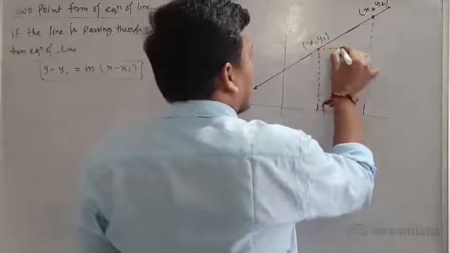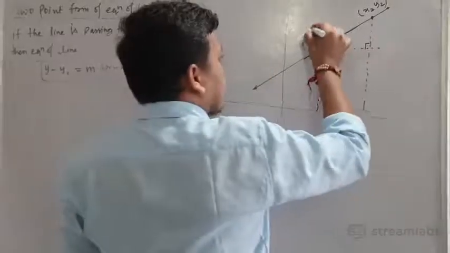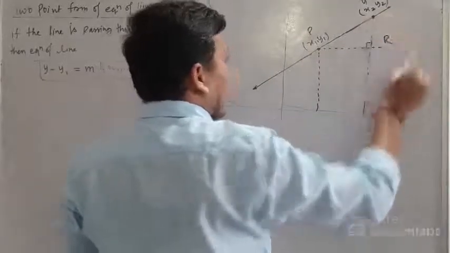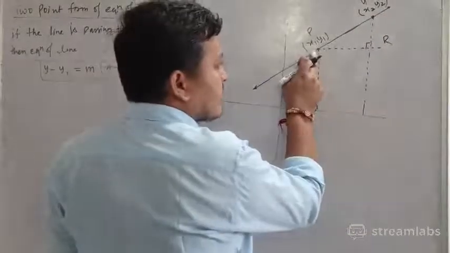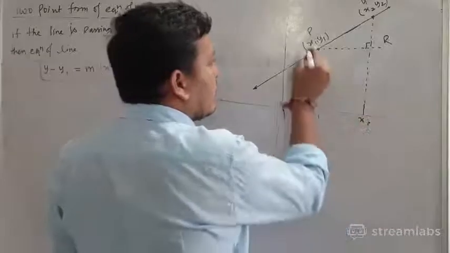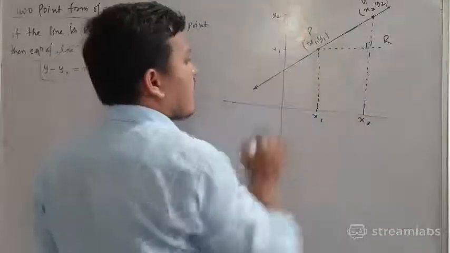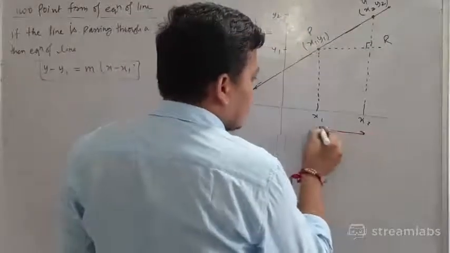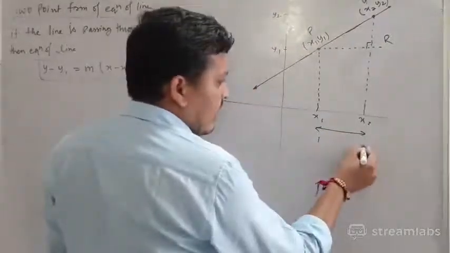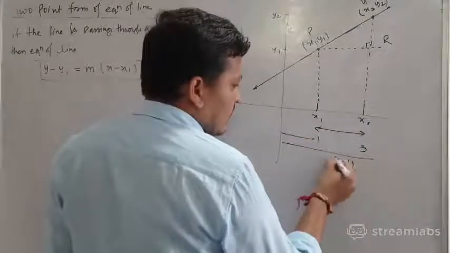Now draw a line parallel to the x-axis, so it forms a triangle. Let the points be P, Q and R. This point is x1 and there will be x2, and the positions are y1 and y2. What is the distance between these two points? If it is 1 and 3, then 3 minus 1 is 2.